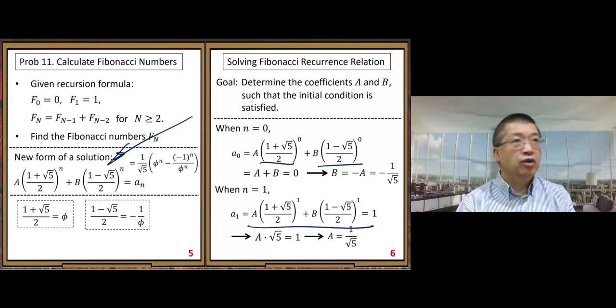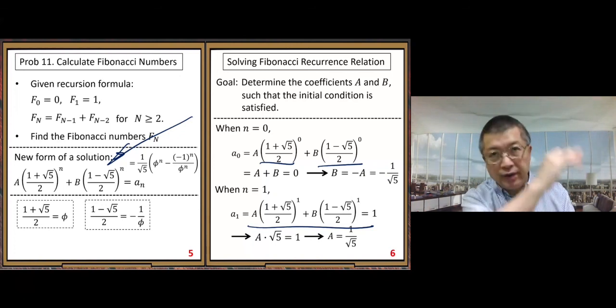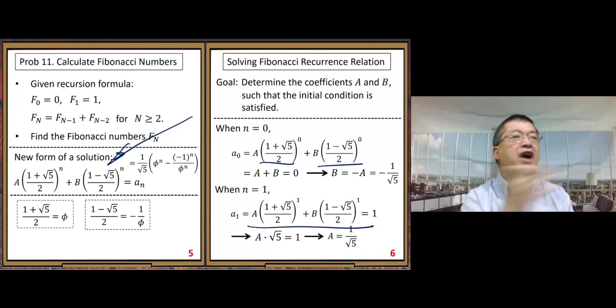So we apply the mathematical tool rigorously to find a solution. That's not a guess. That is a rigorous solution. Nobody can really guess that solution, so we have to use this way to derive it.